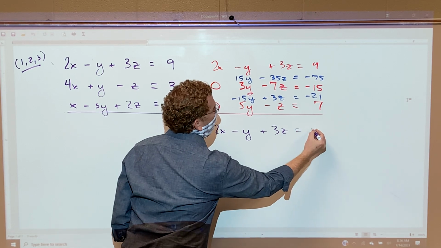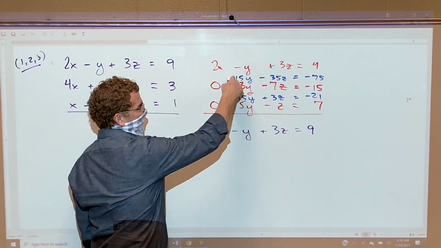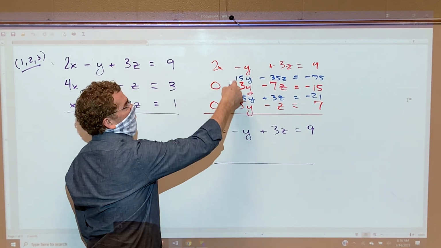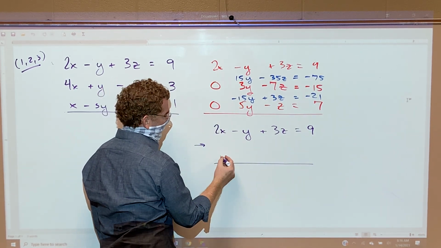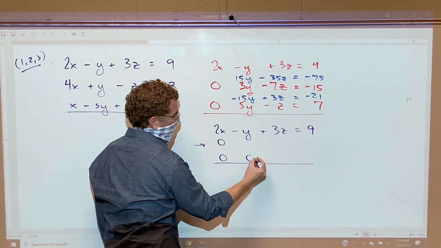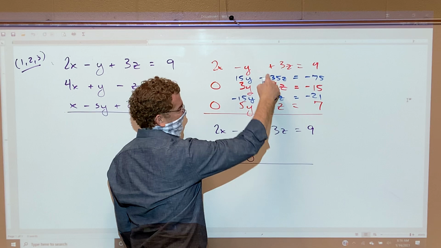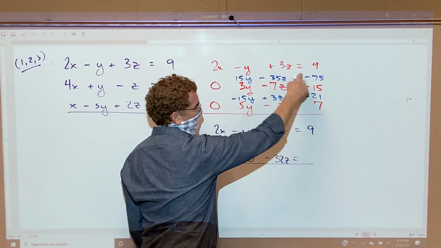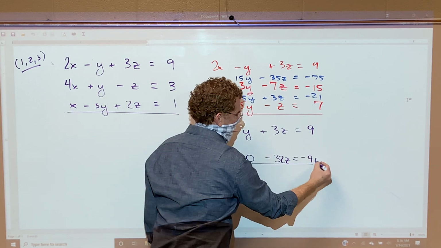This is the top row. And when I add these, I'm going to leave a little space right here for row 2. I'll fill that in a second. When I add those two together, I already have zeros here and here. When I add that to that, I get another 0 in the third row. I get a -32z. And I get a -96.